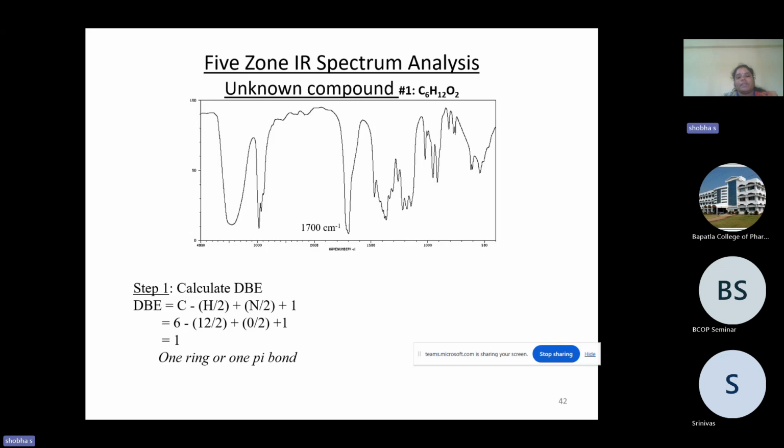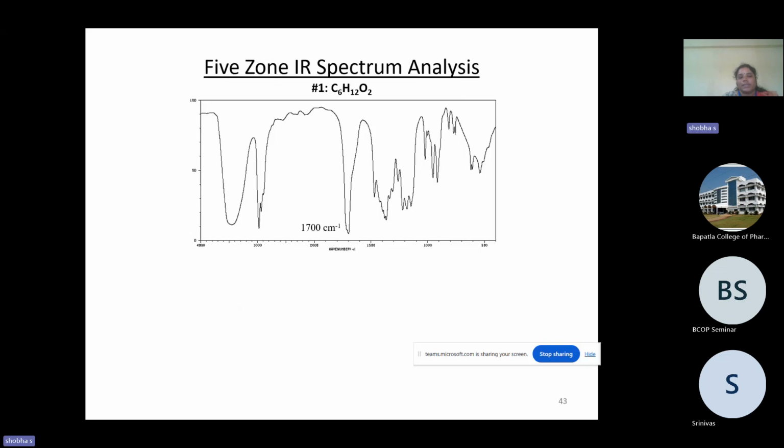After calculating the double bond equivalence, we may think that the compound may have a pi bond or one ring structure. So one ring is not possible. Why? Because we cannot see anything in the region of 2300 to 2000. That is the impact from the peaks which are present in the spectra. So carefully assign the structure.